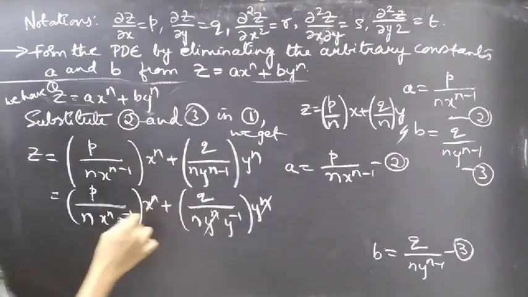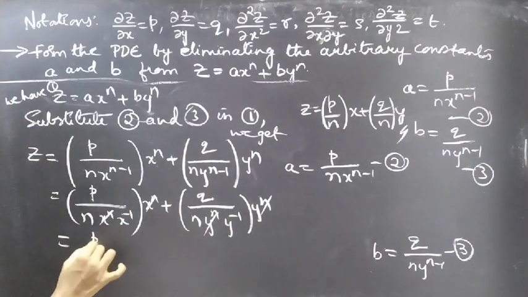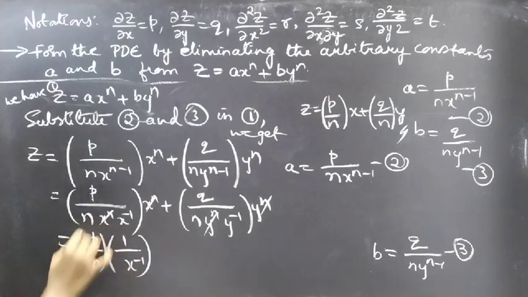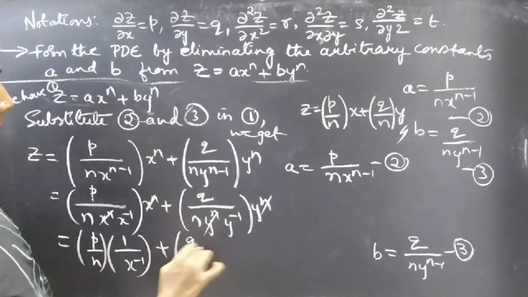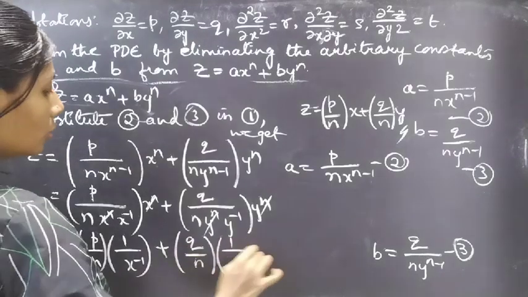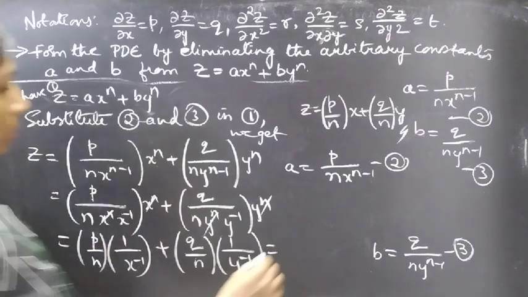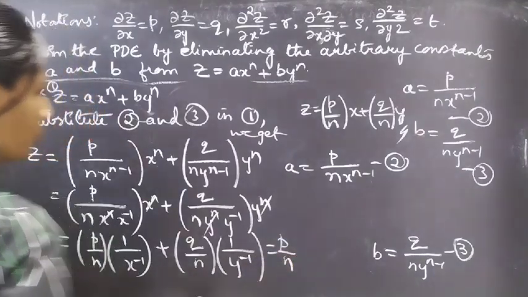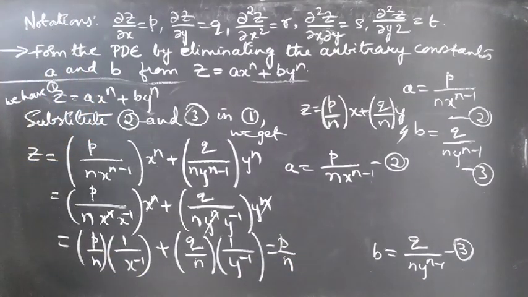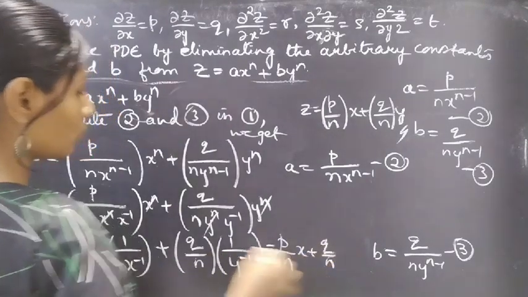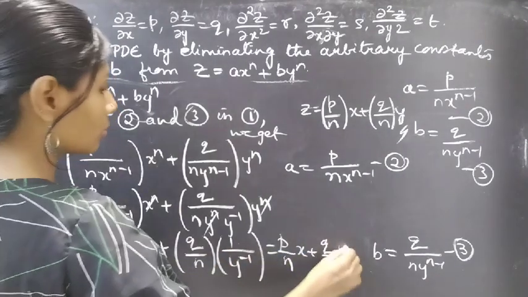Now cancel y power n and x power n. We'll get p by n into 1 by x inverse plus q by n into 1 by y inverse. This equals p by n into 1 by x inverse, which is x, plus q by n into 1 by y inverse, which is y.